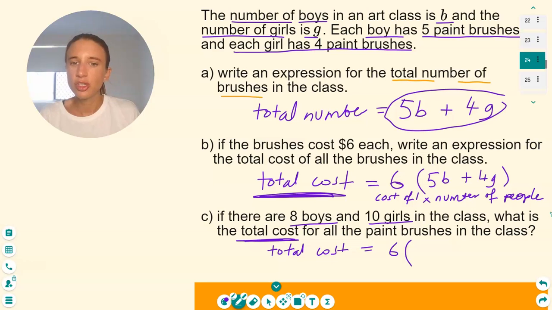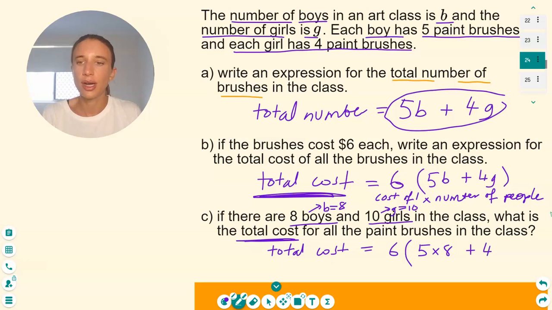And we're just substituting in, right? So this is saying that B is 8 and G is 10. So I'm substituting into this expression here. So we've got 6, 5 times B, which is 8, plus 4 times G, which we said G was 10.